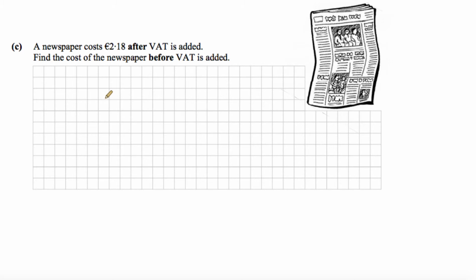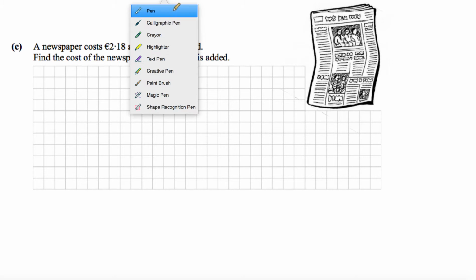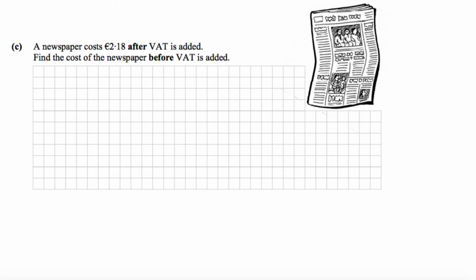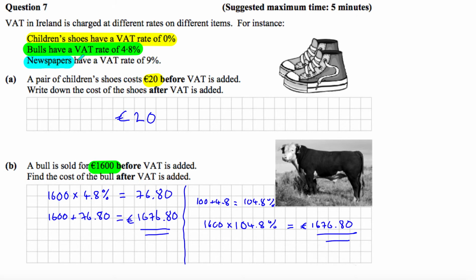Okay, finally, part C, a newspaper costs €2.18 after VAT is added. Find the cost of the newspaper before VAT is added. Okay, so for a newspaper, €2.18 after VAT is added. If we go back, the newspaper has a VAT rate of 9%.